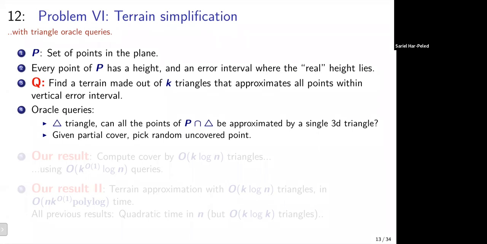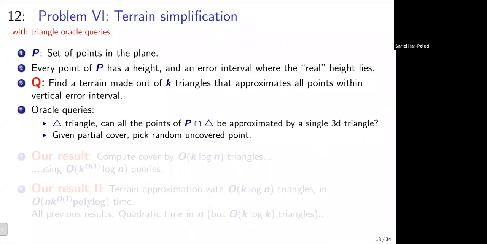So you want to find k triangles in 3 dimensions that, if you want, stab all those vertical segments, right? Every point has a vertical segment associated with it, and you have to stab all those segments. And that's a problem that was studied before by Pankaj and other people.